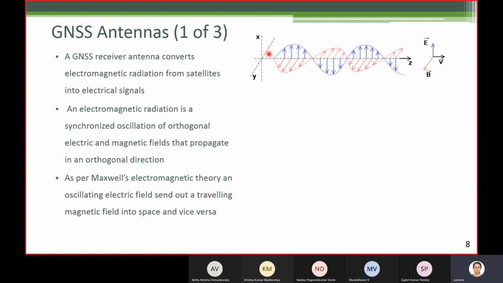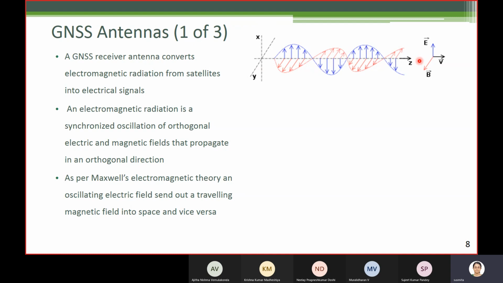When a polarization is right-handed circular polarization with respect to the observer, the transmitter would be here. So someone on the transmitter would see it as anti-clockwise. So right-handed circular polarization with respect to the receiver would become left-handed circular polarization. So it is important to mention with respect to whom you are saying it is right-handed or left-handed.